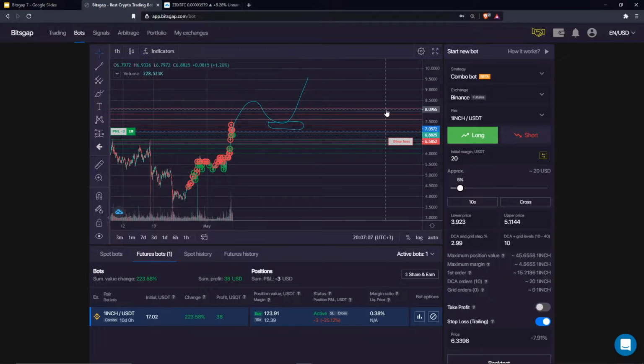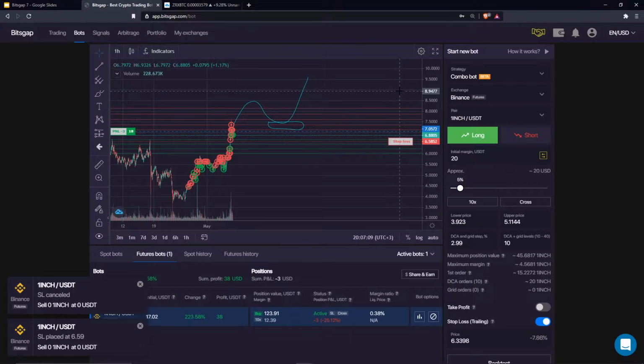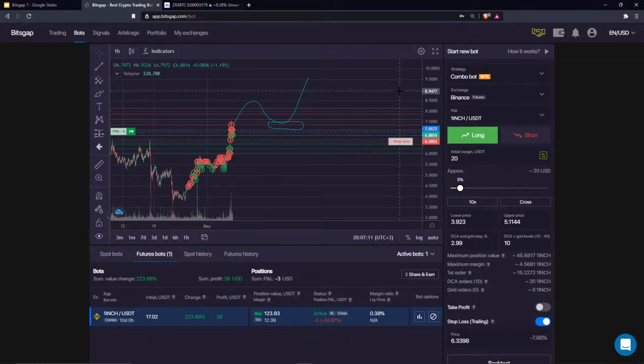In futures bot trading, it really requires you to spend more time. With the combo bot, I check the activity every day to see whether or not I need to adjust my stop loss. Whereas in the spot market, where I have classic and DCA strategies, I know that I have lower risk there, and I only check the bot activity three times a week.